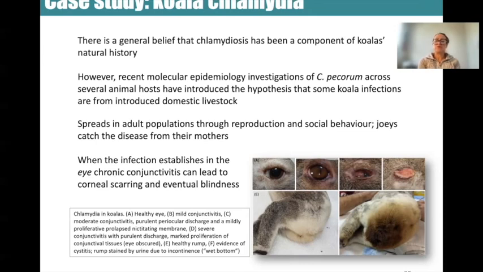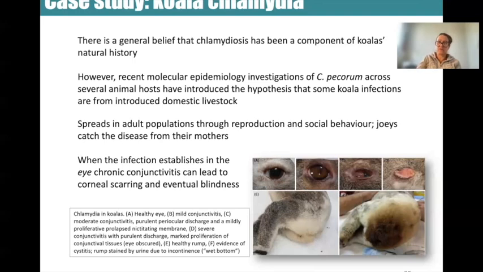The spread of chlamydia in adult populations is through reproduction and social behaviour, whereas joeys tend to catch the disease from their mothers. So when the infection establishes in the eye, chronic conjunctivitis can then lead to corneal scarring and eventual blindness.